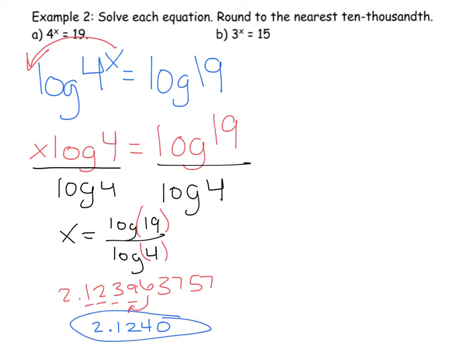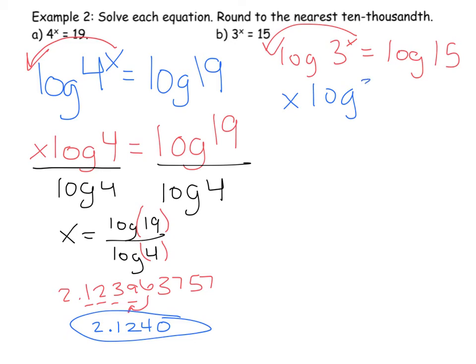Same type of deal on B. We're going to go ahead and add a log to both sides so that we have log 3 to the power of x equals log 15. We're going to move the x to the front. So now we have x times log 3 equals log 15. And then to get the x by itself, we're going to divide by log 3.